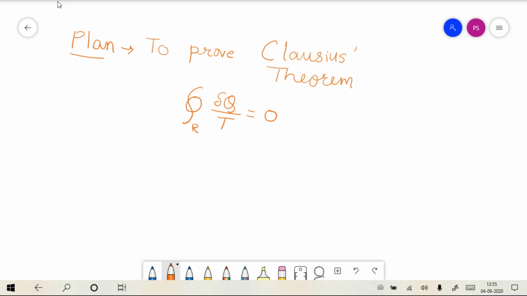This is what is known as the Clausius theorem. Okay, what is the relevance of proving this to the concept of entropy? That we will discuss. We need to be clear on what we are going to prove.